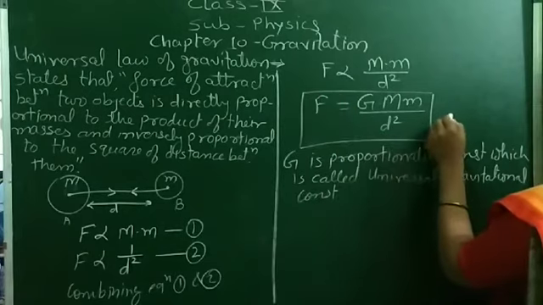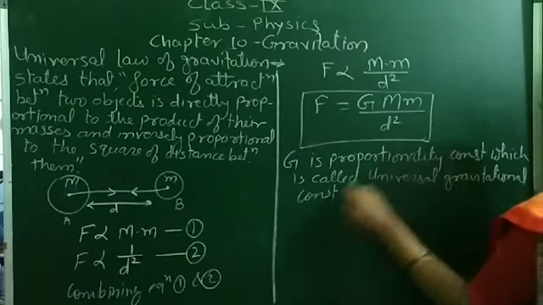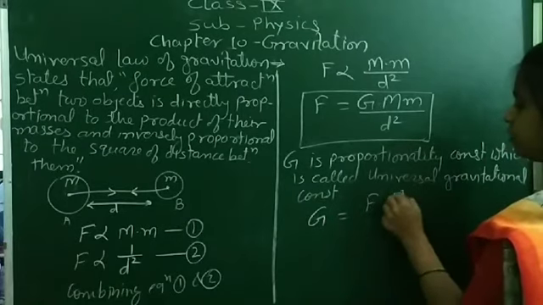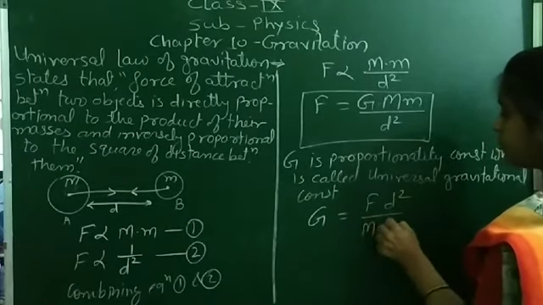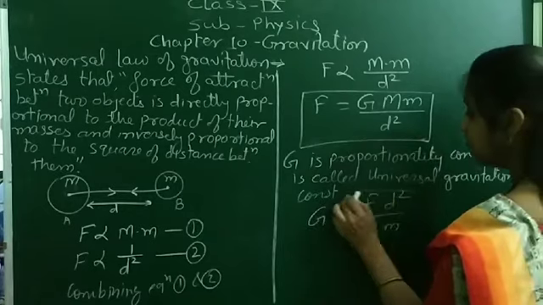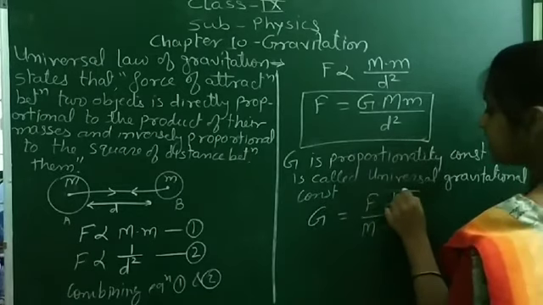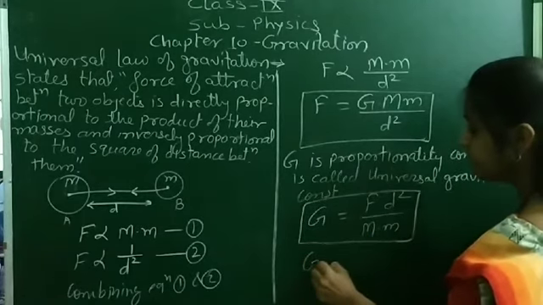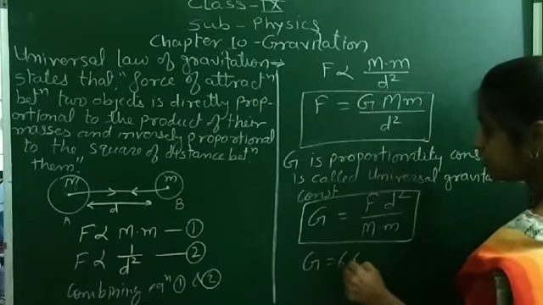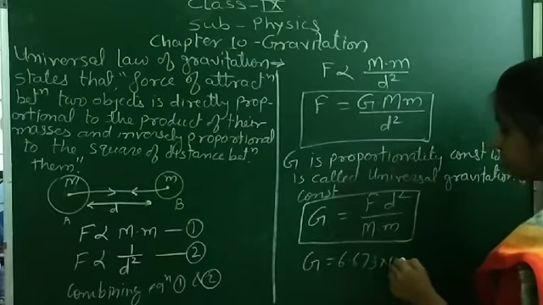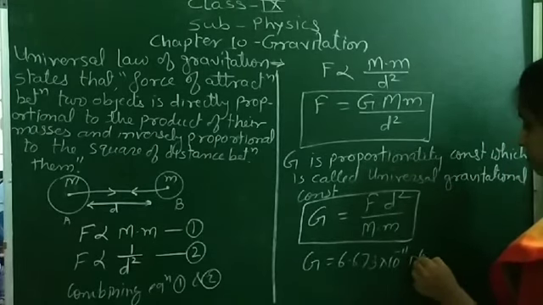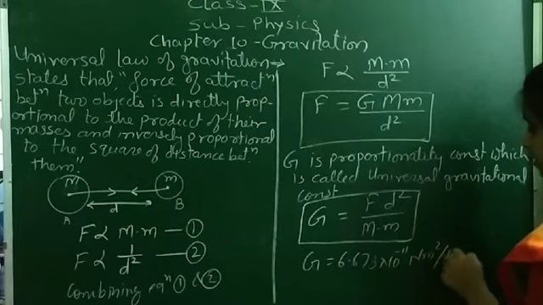From this formula we can find the value of G. G is equal to F into D square upon M m, and this value of G is always constant. It is found to be 6.673 into 10 raised to the power minus 11 Newton meter square per kg square.